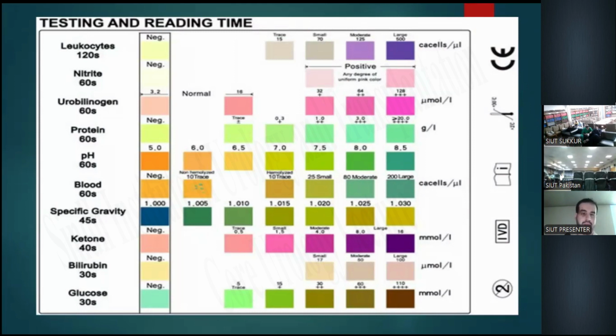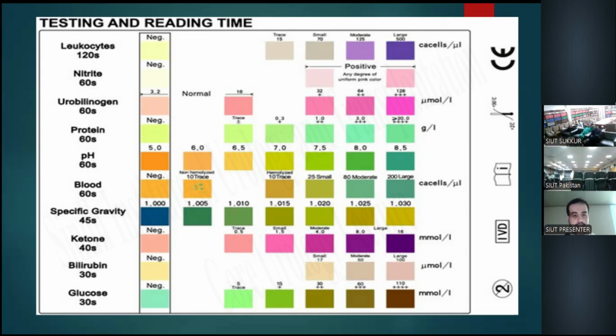You can see there are multiple variables on the left side of the screen. You can detect leukocytes, nitrite, urobilinogen, protein, pH, blood, specific gravity, and three other variables. They change color according to the concentration of the substance.